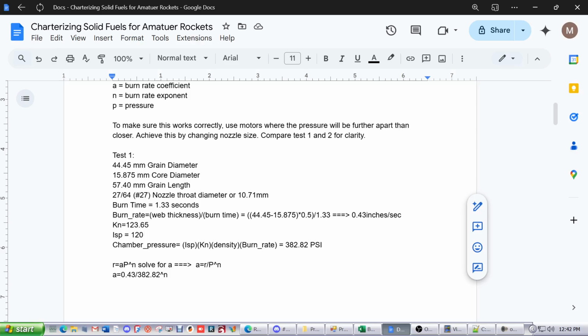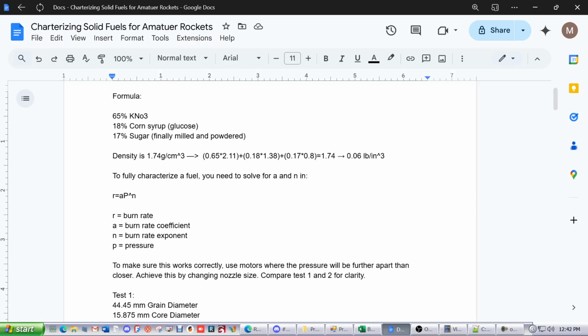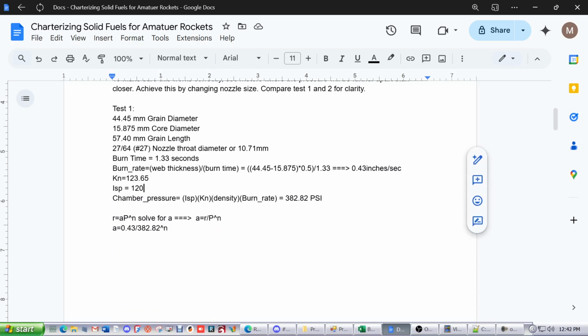Chamber pressure, this is the P in the theoretical burn rate right here, the chamber pressure. And it's calculated numerically by your specific impulse times the Kn density burn rate. Gives us 382.82 psi. This number is important.